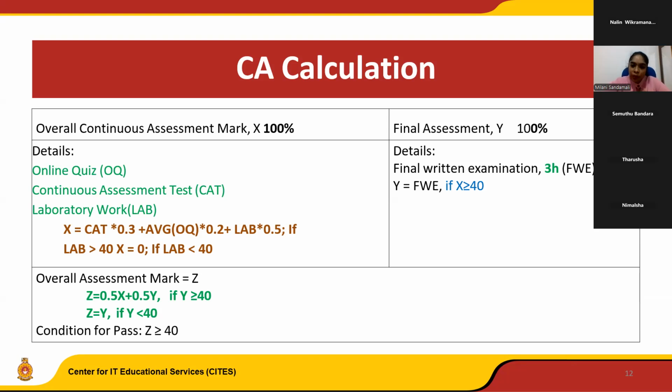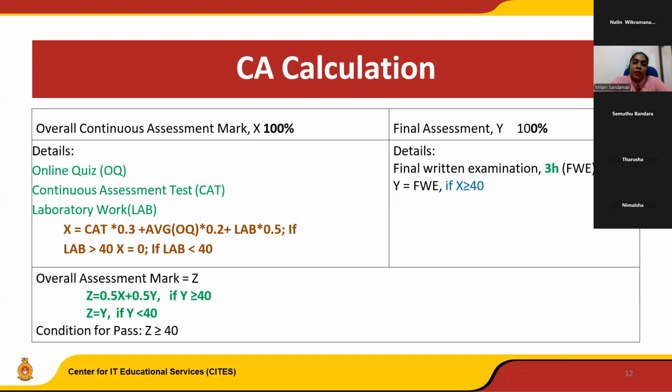So if we talk about the final mark, if Y is greater than or equal to 40, then the overall marks Z will be calculated 50% from continuous assessment mark and 50% from final examination mark.